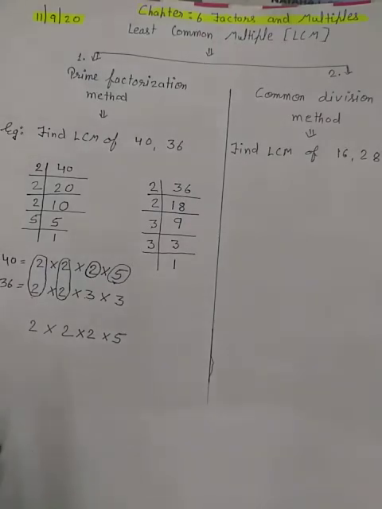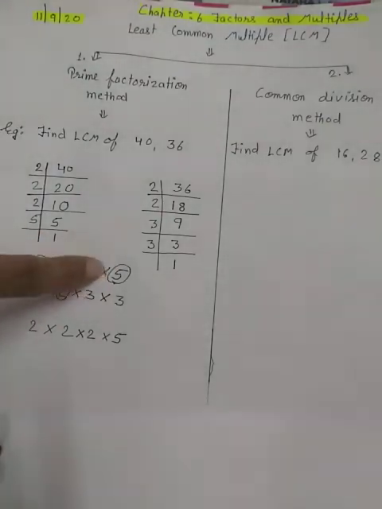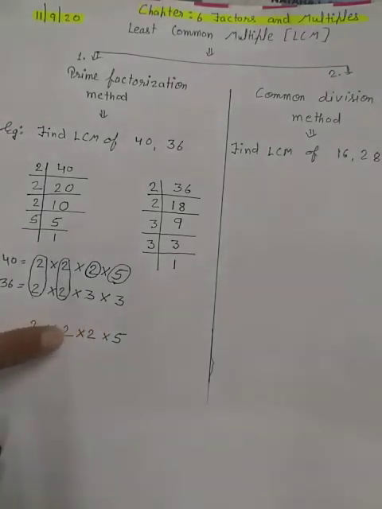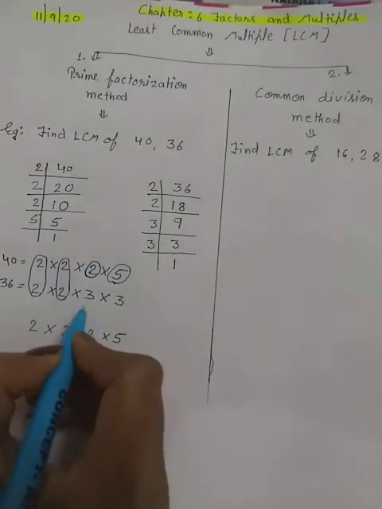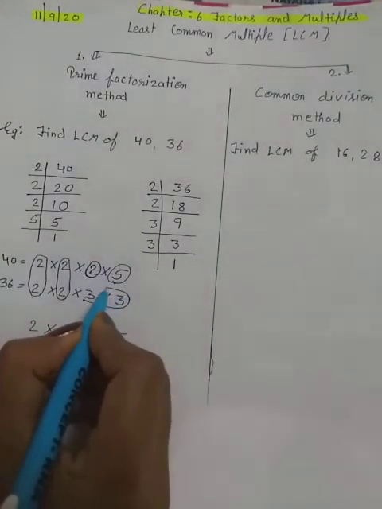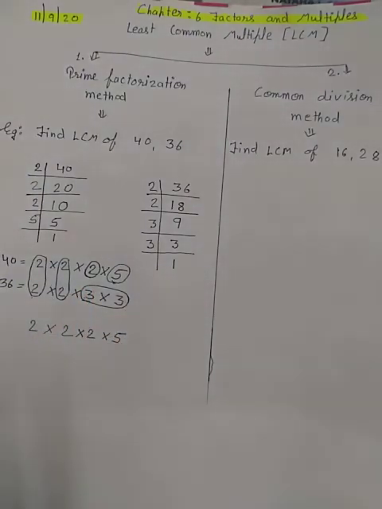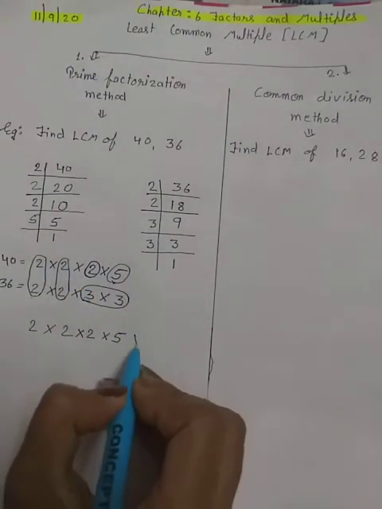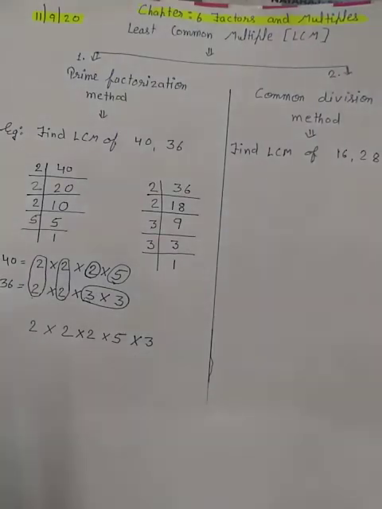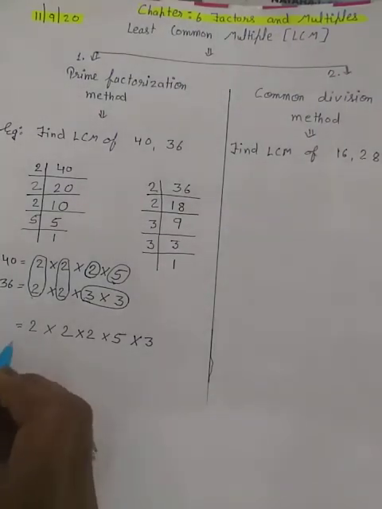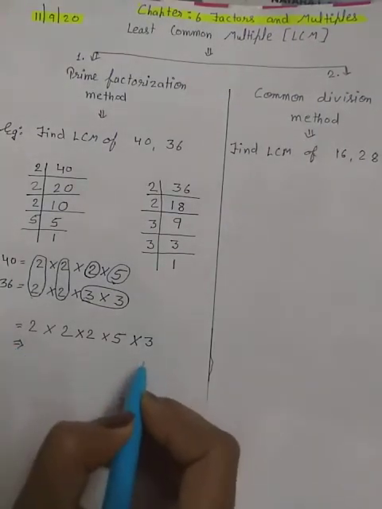If you can make a pair, write one of them, and if you don't have a pair, write the number you have left. Now in 3 we can make a pair, so we write only one 3. What is the product of these factors?